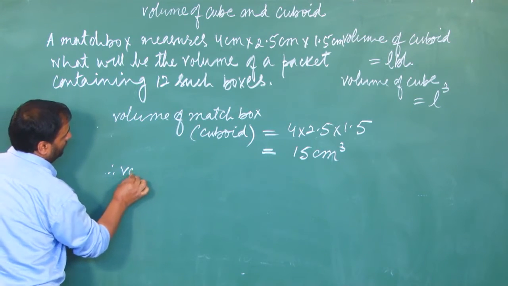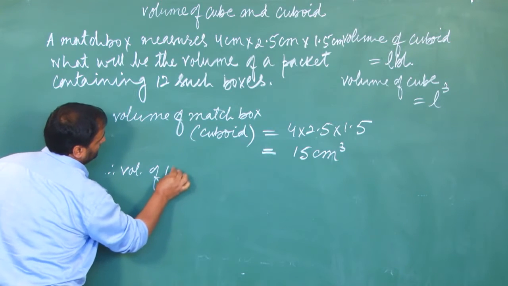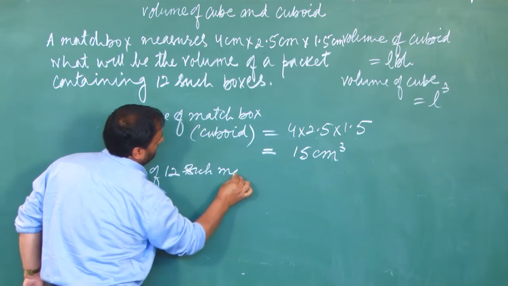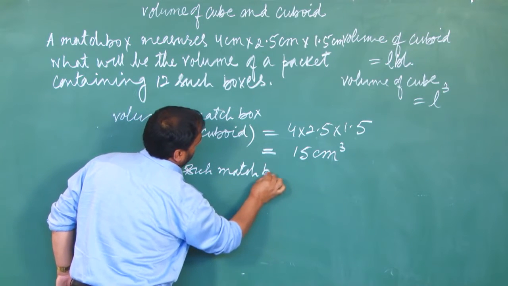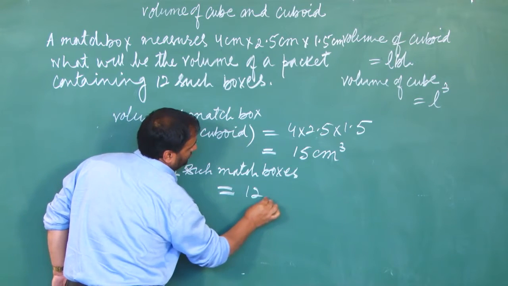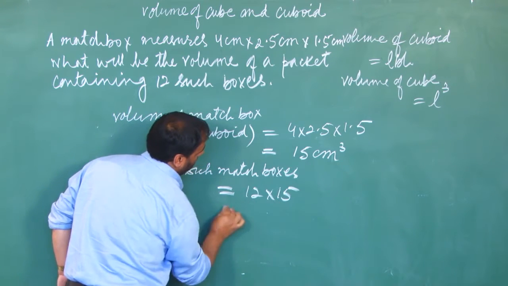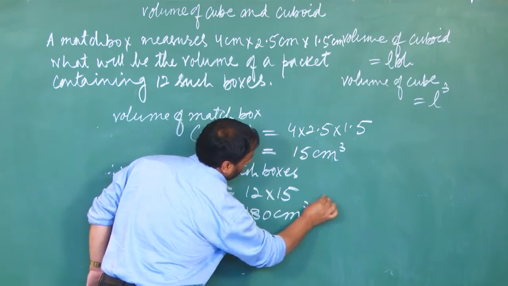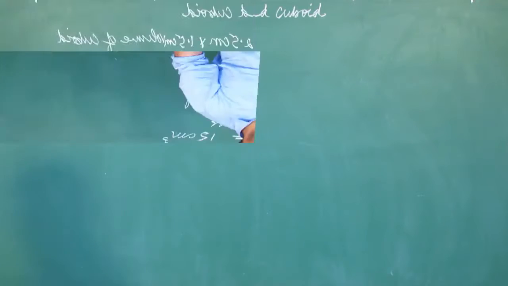Therefore, volume of 12 such matchboxes will be 12 into 15. That is 180 centimeter cube. And that's the question done.